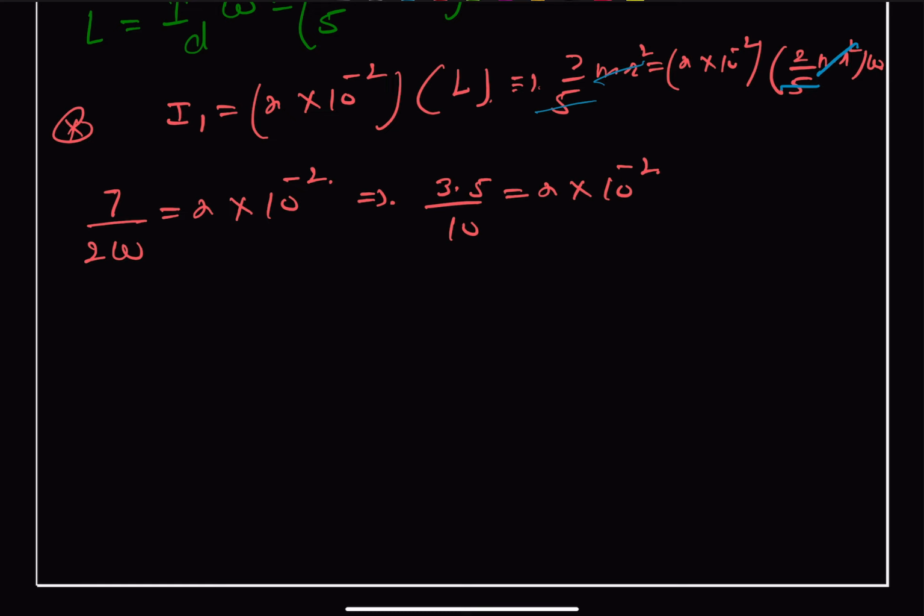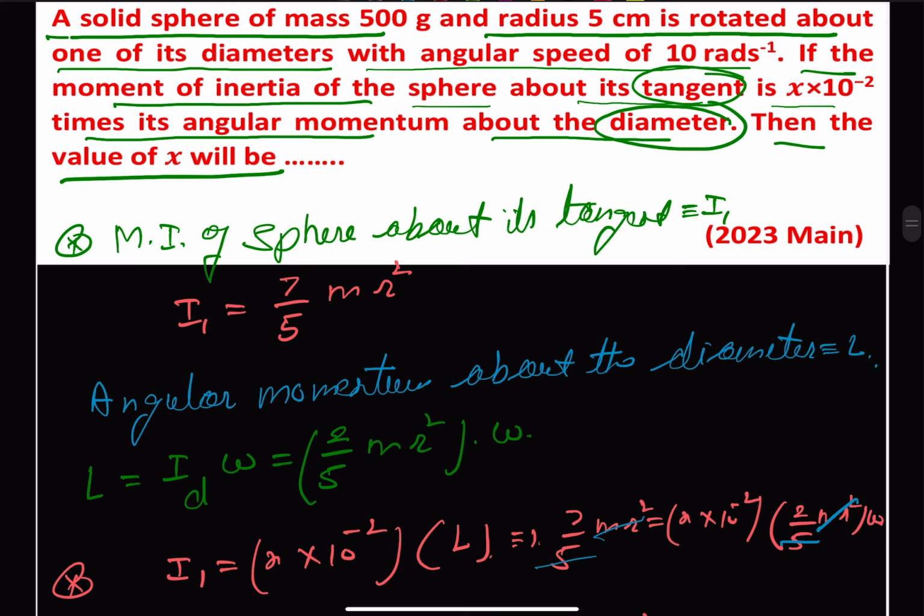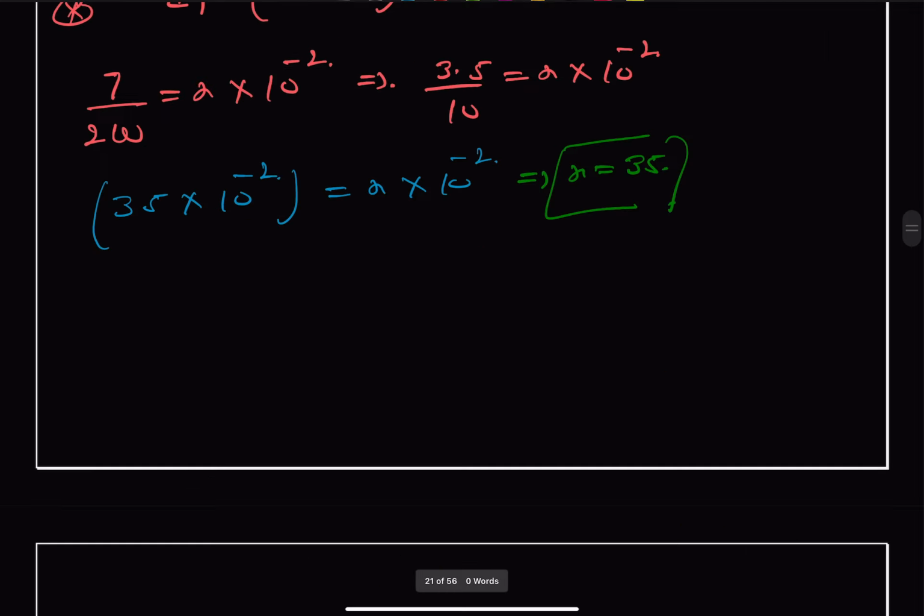So this can be written as 35 into 10 to the power minus 2 is equal to x into 10 to the power minus 2. So therefore the value of x is equal to 35. So the value of x will be equal to 35. Next question.